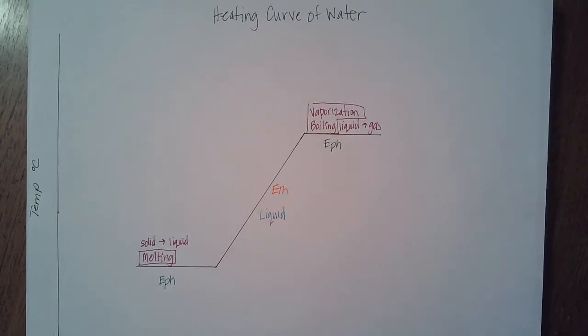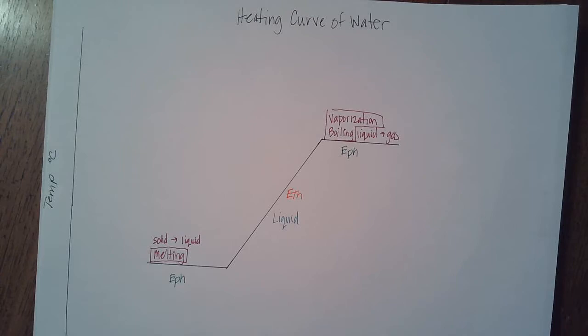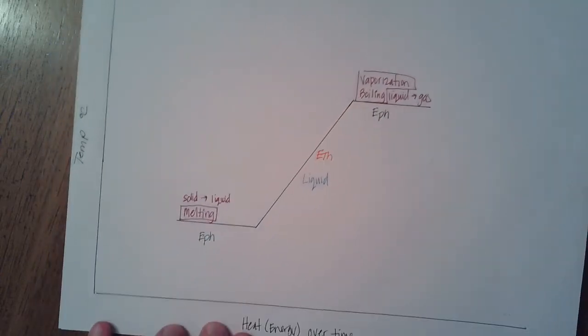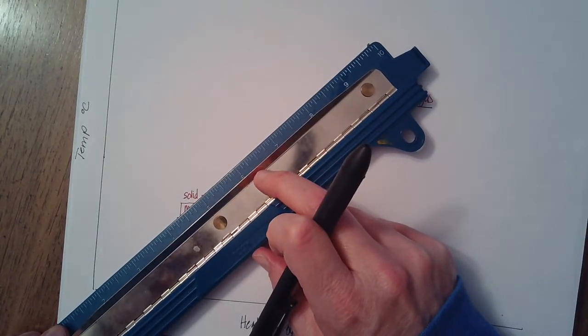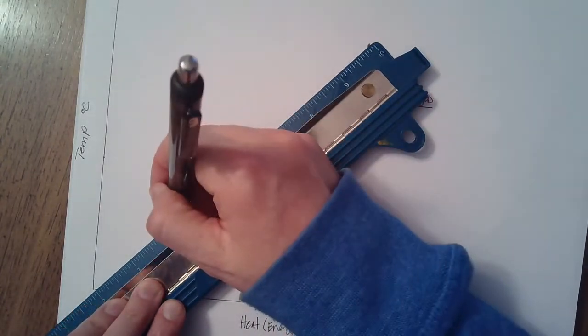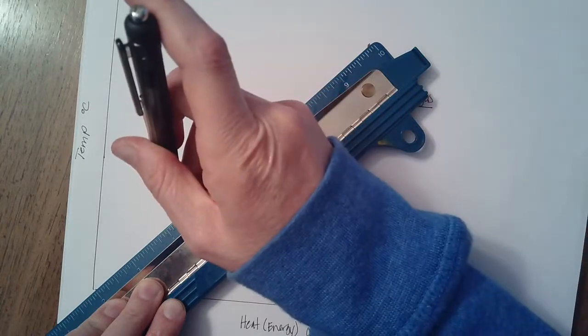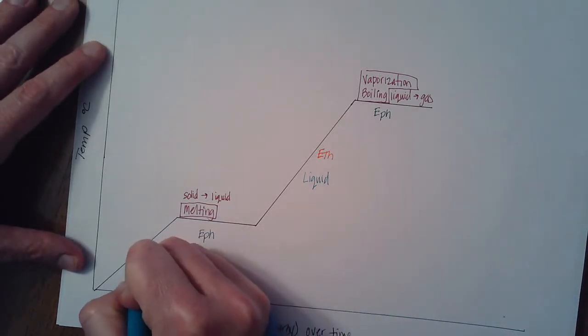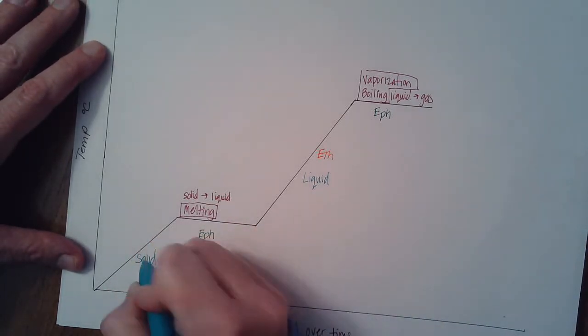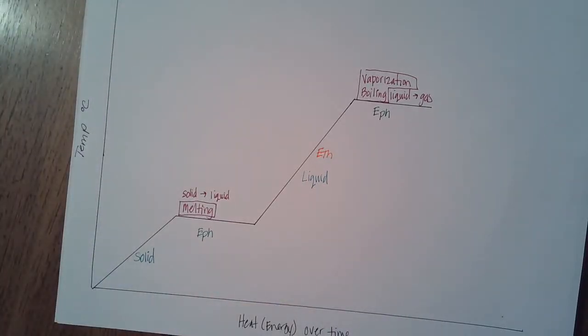There are some parts of this graph, though, that we didn't see in lab because it's hard to see these parts in the graph. The one part that we didn't see is that from melting, right, up to melting, we have solid. So this right here is a solid. And remember, in a solid we have particles that are vibrating.